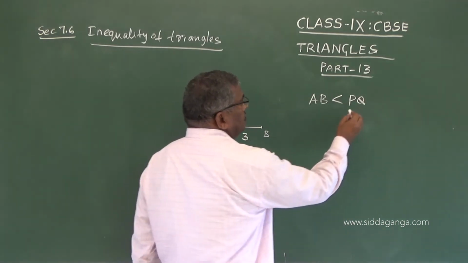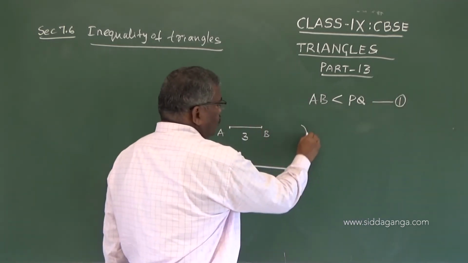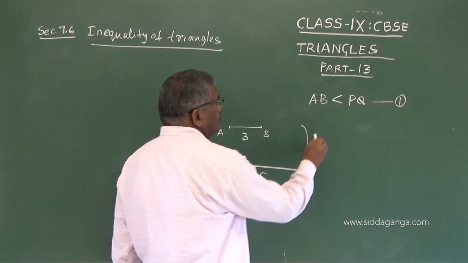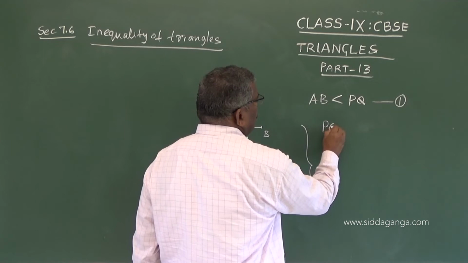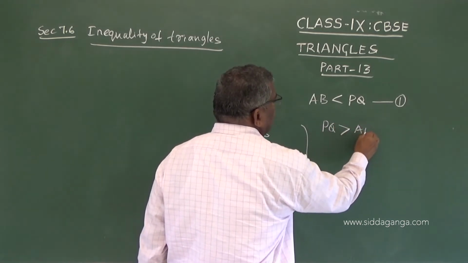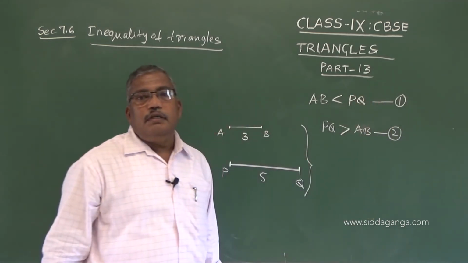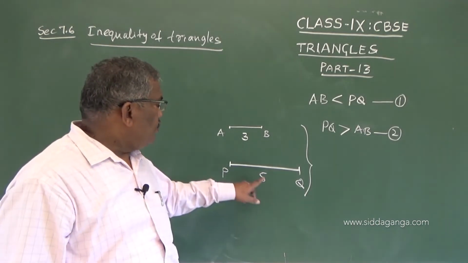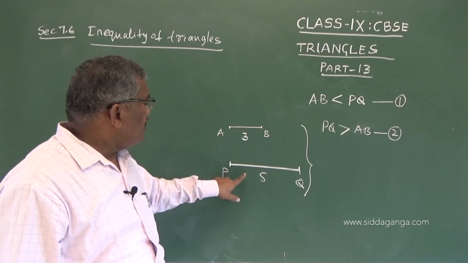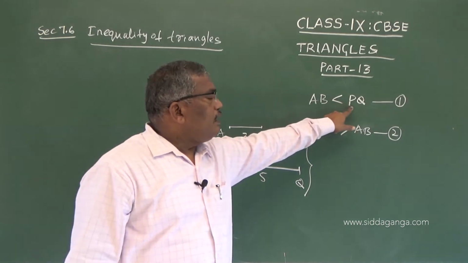This is one form of writing the statement between these two figures. So we can say PQ is greater than AB, or AB is smaller than PQ.